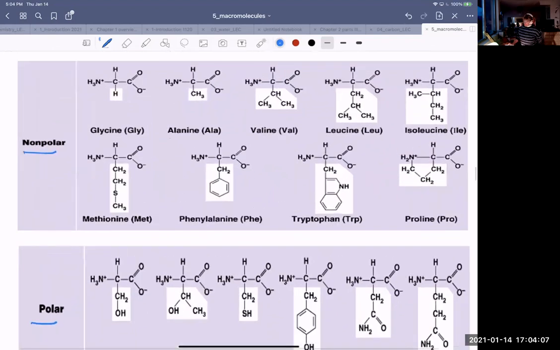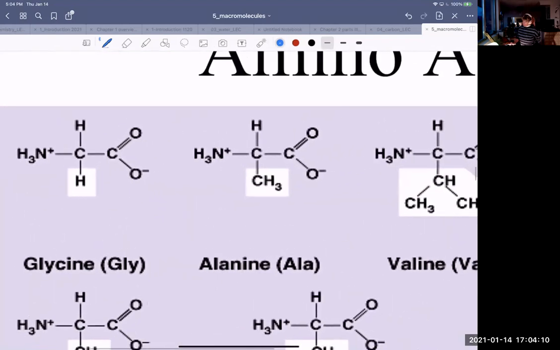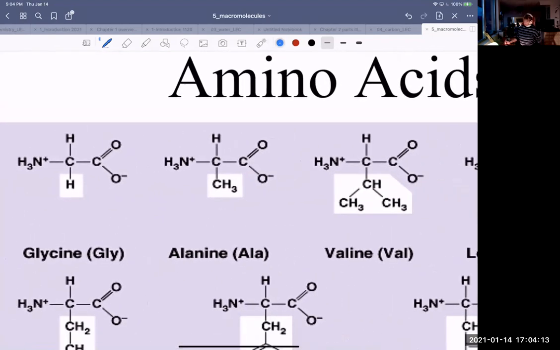So do you notice anything similar about these 3 amino acids here? What are the functional groups that you can see? What's this one called? An amine, good. And what's this one?